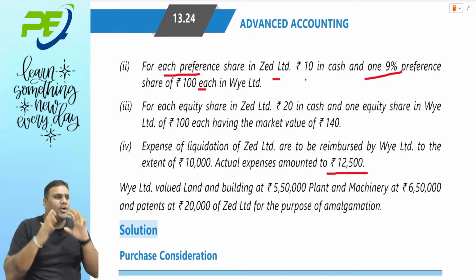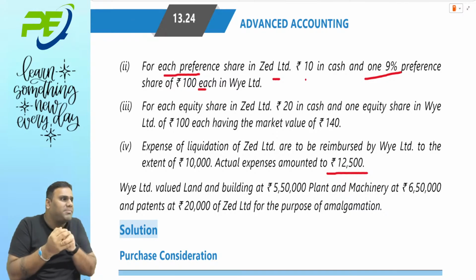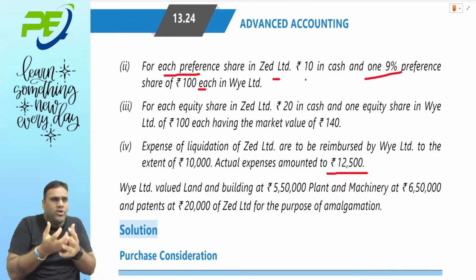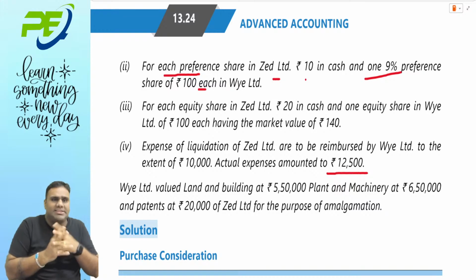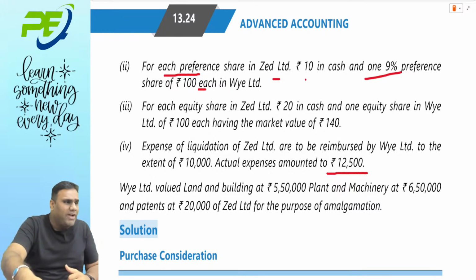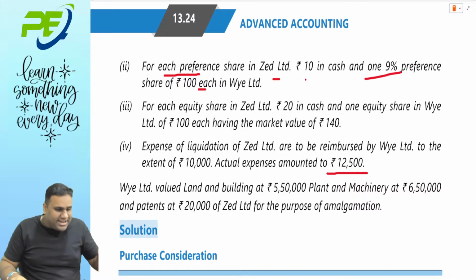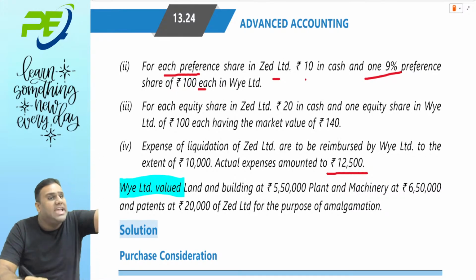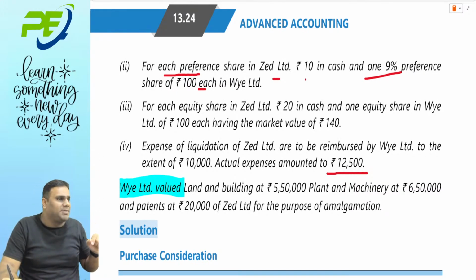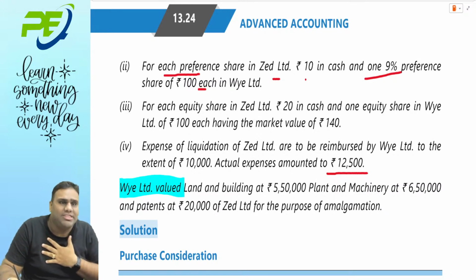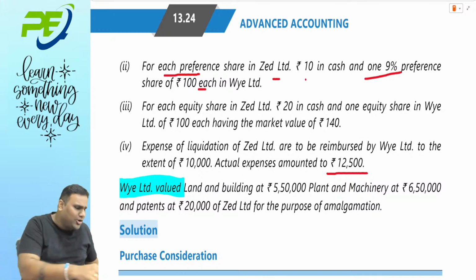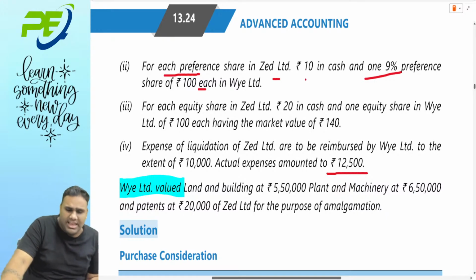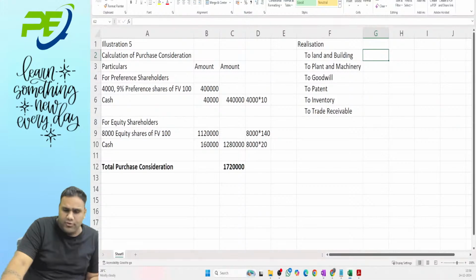Why book value? Because basically we are trying to reverse the balance sheet. Now, if you record at book value, then you have to pass one more entry for revaluation. And read the sentence carefully. Y Limited has revalued. The purchasing company has revalued, not the selling company. So you cannot pass any entry in the selling company's books. So I will record 4 lakh and 6 lakh.